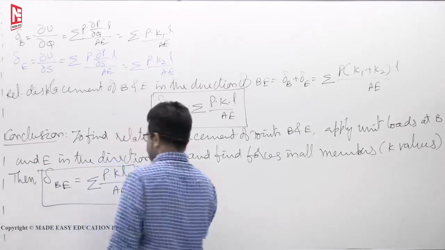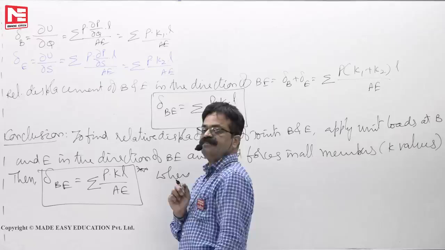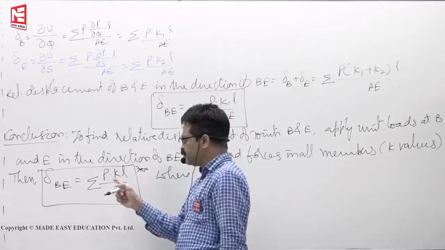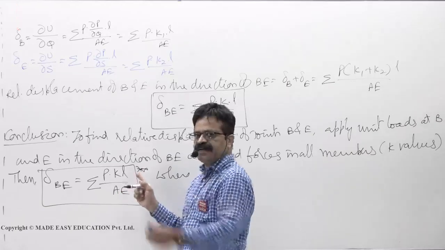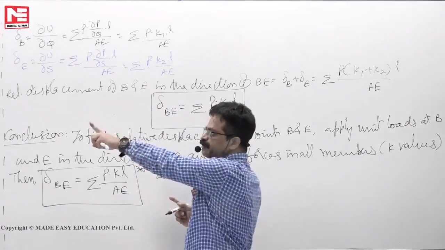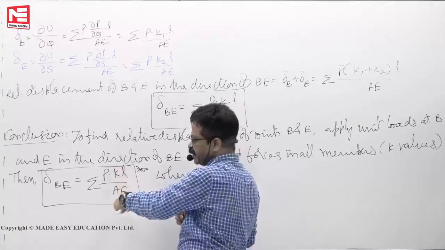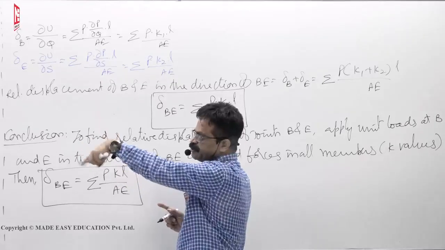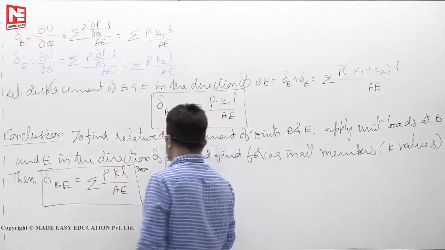See, the formula is the same, PKL by AE, but finding the K values is different. Earlier, to find a single displacement, the formula is PKL by AE, where K is the forces in all members due to a single unit load. If you want to find relative displacement, the formula PKL by AE is the same, but K is the forces in all members due to two unit loads.